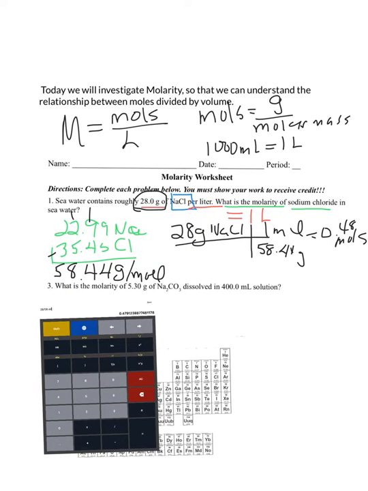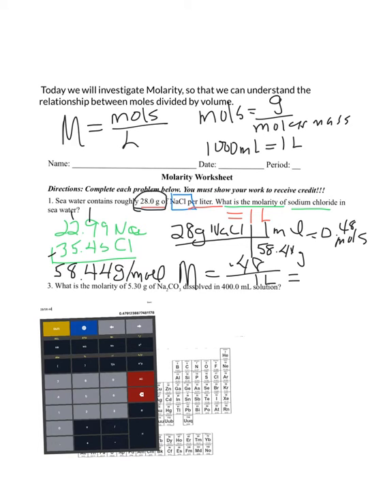So we need to now solve our molarity problem. Molarity is equal to the moles we just calculated, 0.48, divided by 1 liter.